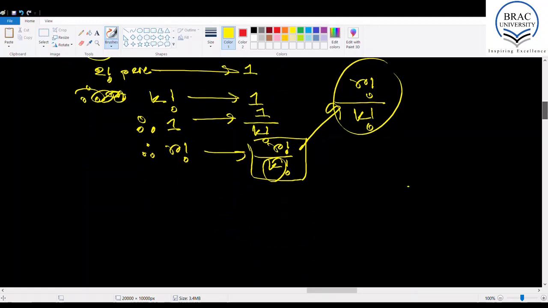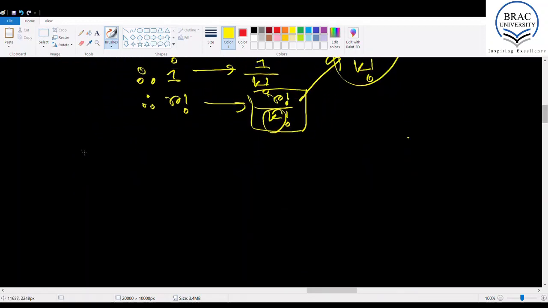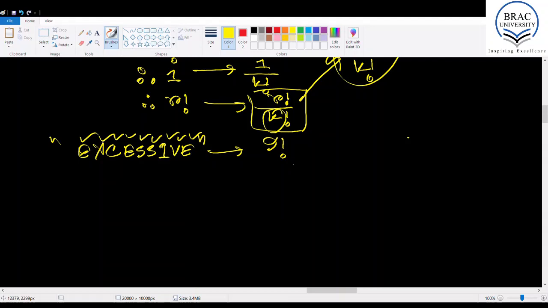So I think we can solve another problem from here. If I ask you to arrange all of the letters of the word excessive, right? So we can see here that there are 1 2 3 4 5 6 7 8 9, total 9 elements, right? So if all of these letters were different, they could be arranged in 9 factorial different ways.